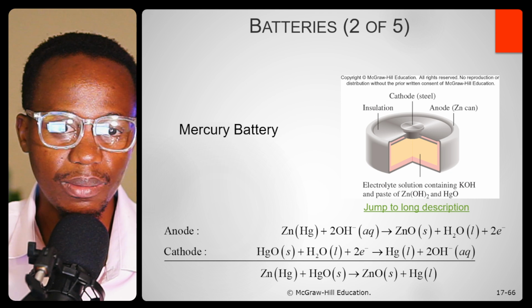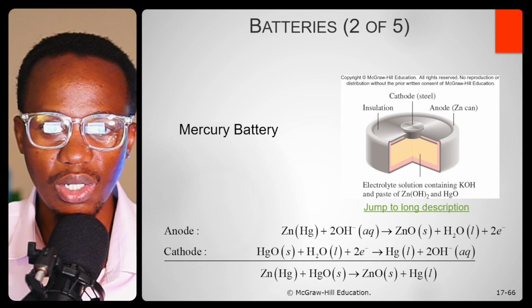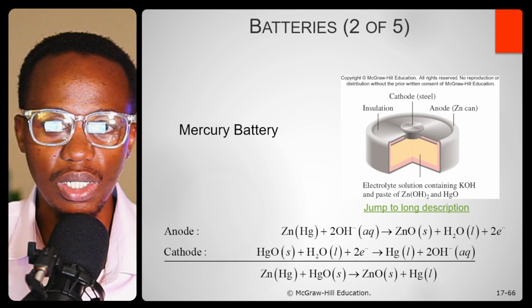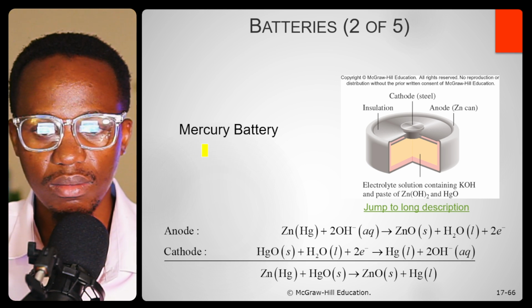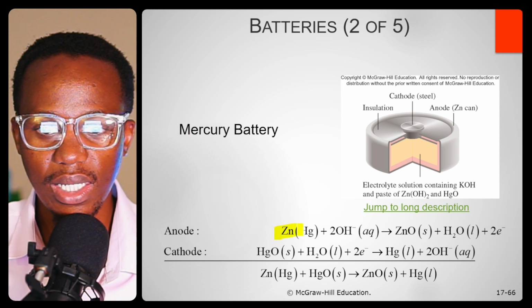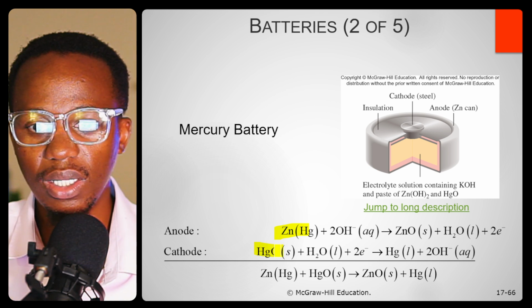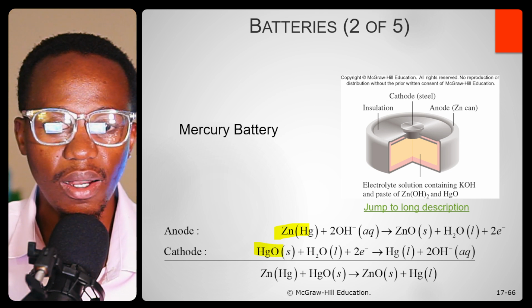You have those little mercury batteries that you put in watches and stuff like that. Same thing, it has zinc and mercury on either side.